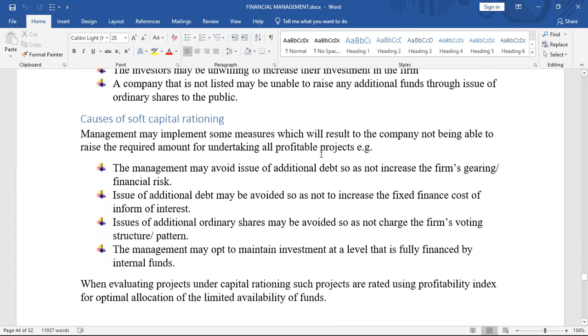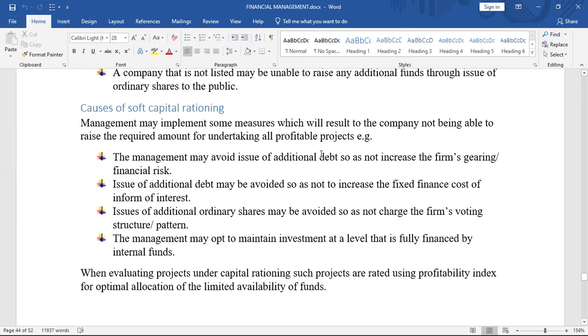Now, what are some of the causes of soft capital rationing? The management may implement some measures which will result in the company not being able to raise the required amount for undertaking all the profitable projects. The management may avoid the issue of additional debt so as not to increase the firm's gearing, or the financial risks.